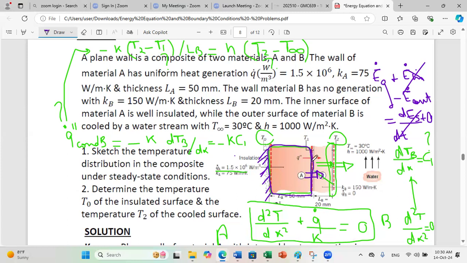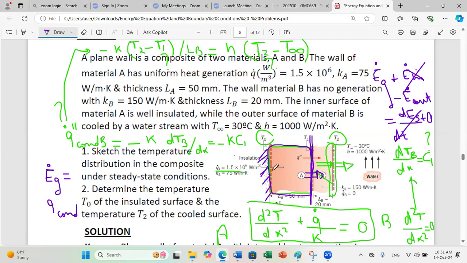We have conduction from material A towards material B. So we can say now that this E dot generation is equal to the rate of conduction, Q conduction, at which location? At x equal LA.